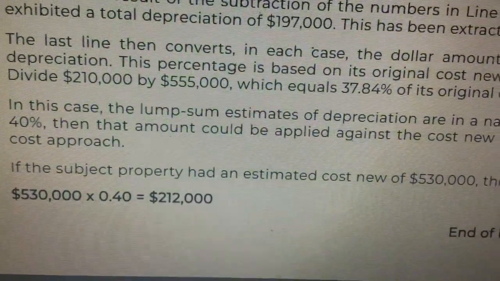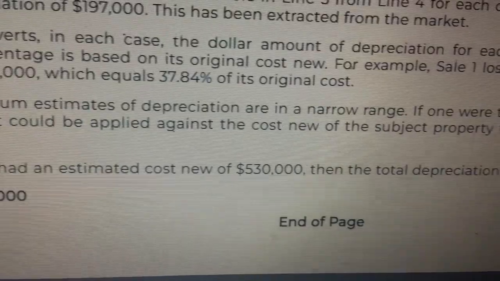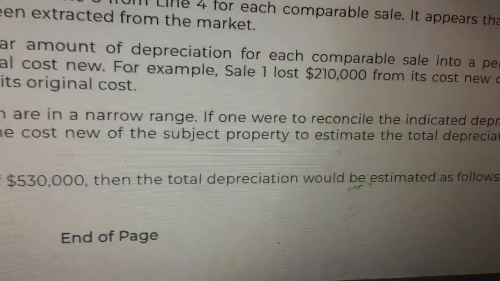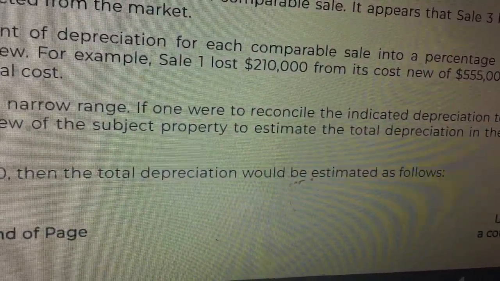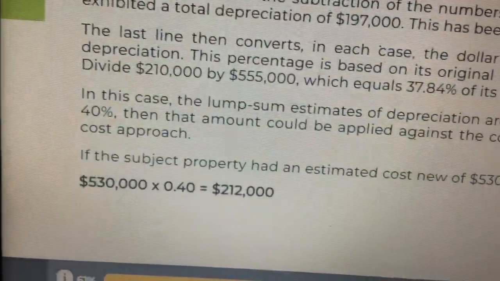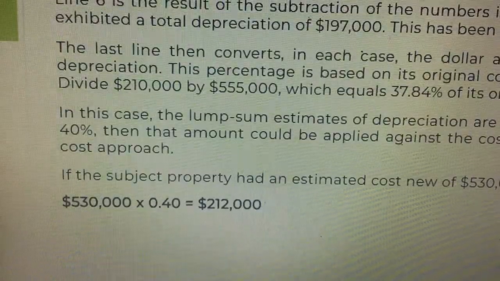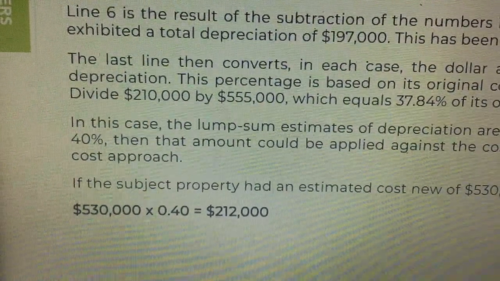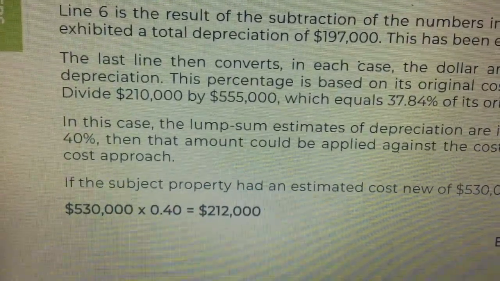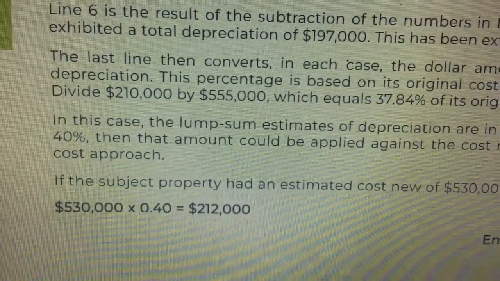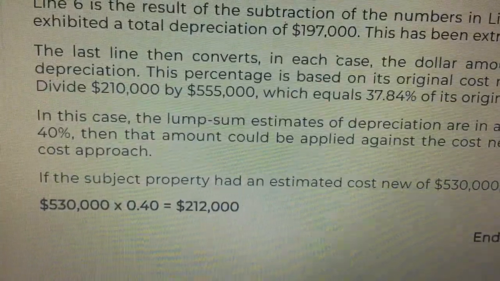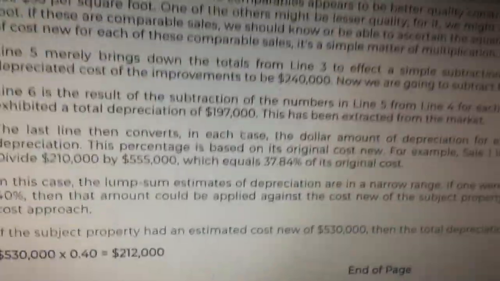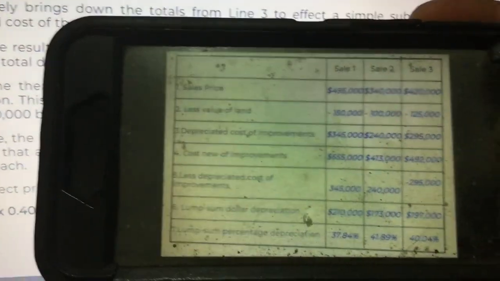If the subject property had an estimated cost new of $530,000, then the total depreciation would be estimated as follows: $530,000 times 0.40. Actually, that's not even a percent, really. It's just 0.40 equals $212,000. End of page.